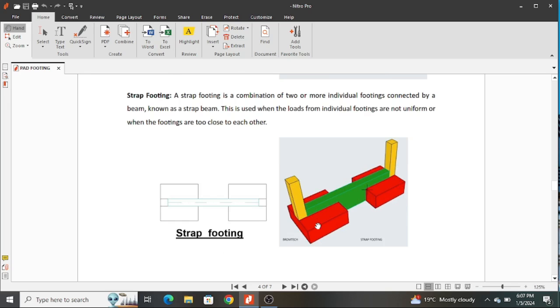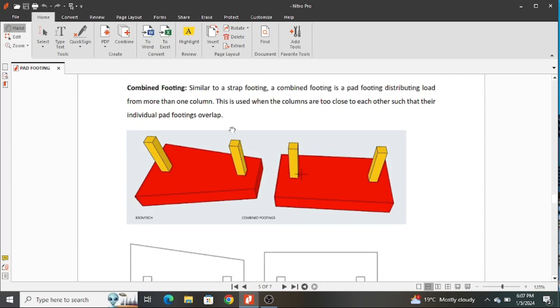Or sometimes you are building maybe on a property line and your footing is eccentrically loaded, so you tie a strap beam so that you can take care of the excessive bending moments that have been introduced in that footing. And this is very common for clients who build on boundary lines.